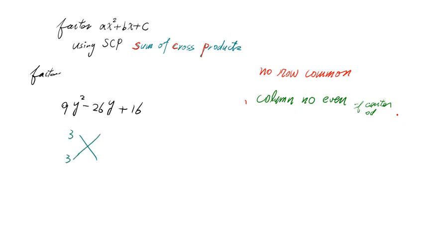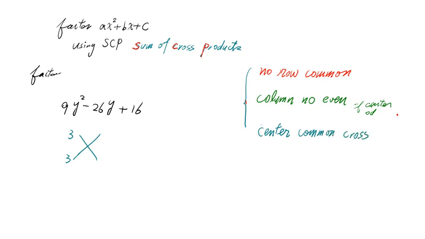Guys, listen. This is my third principle. That is the center column common cross. What does it mean?